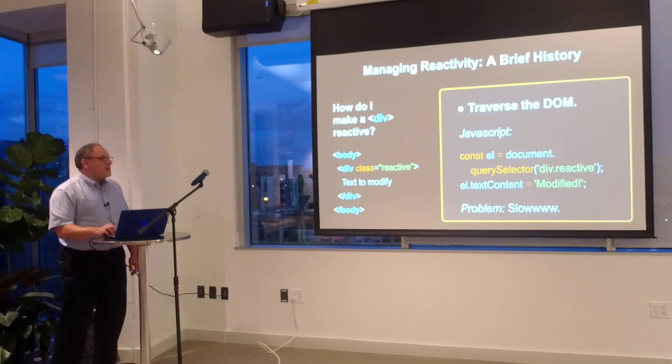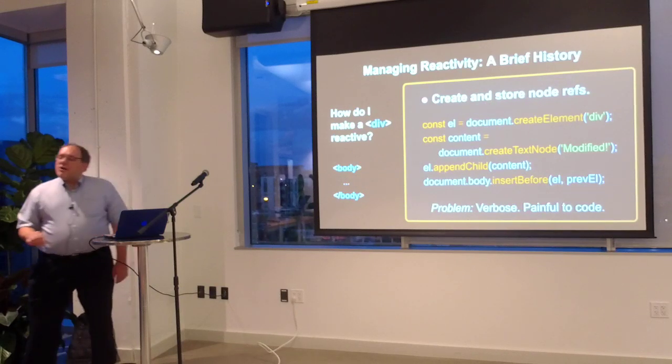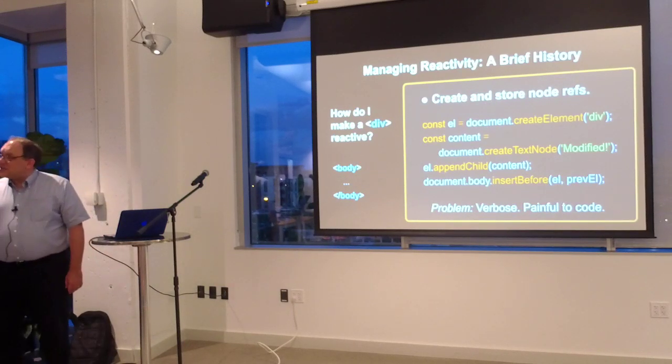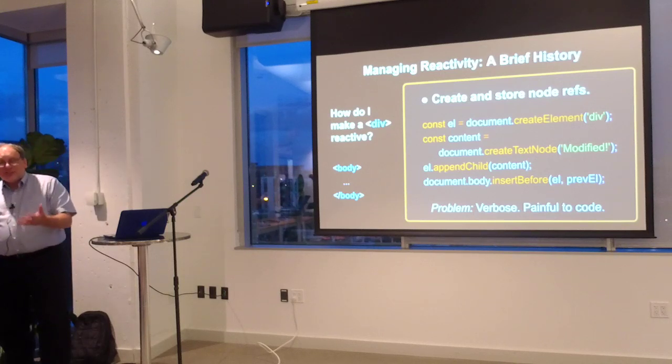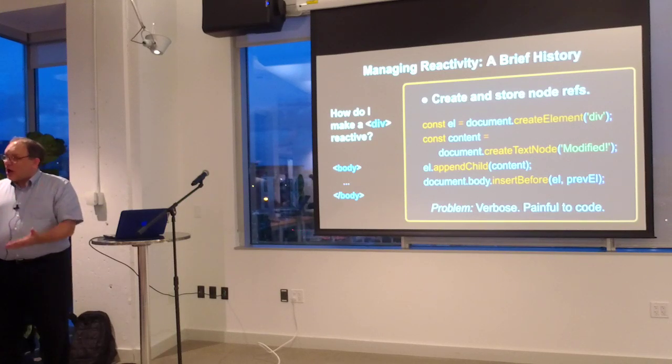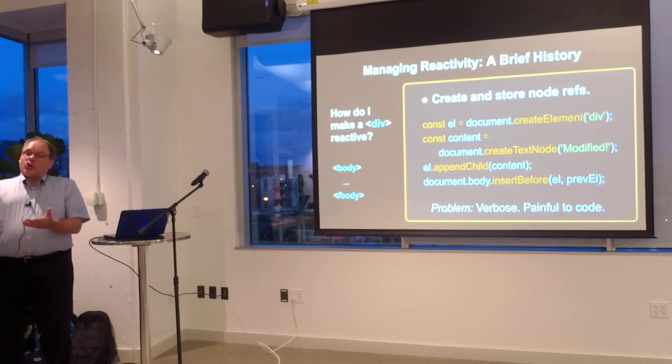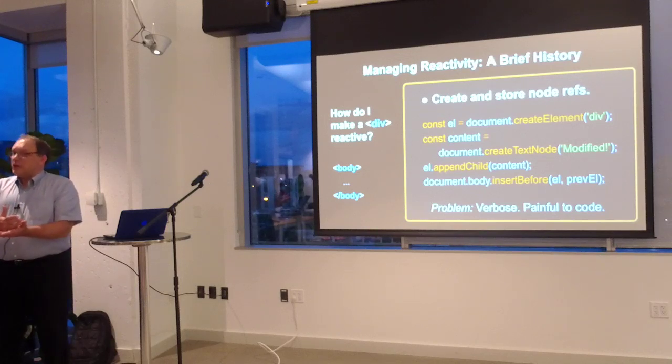The problem with traversing the DOM is that it's really slow, right? And so DOM updates take a long time using those old methods. A far faster way, as it turns out, to change the DOM is to build it from scratch in JavaScript, to actually inject individual nodes and node content with JavaScript statements. And so if you felt like query selector was a painful method to use, these methods are truly painful, right?